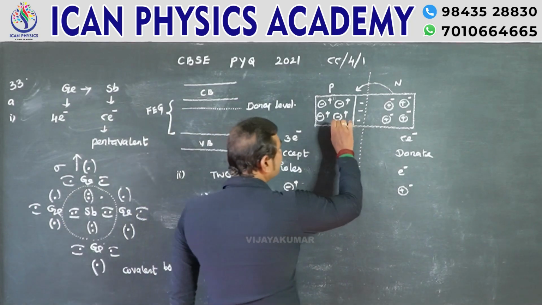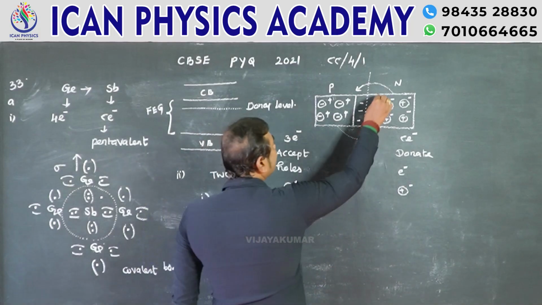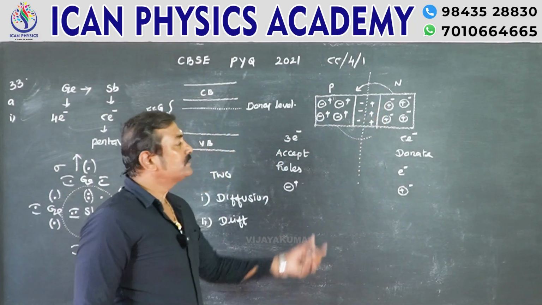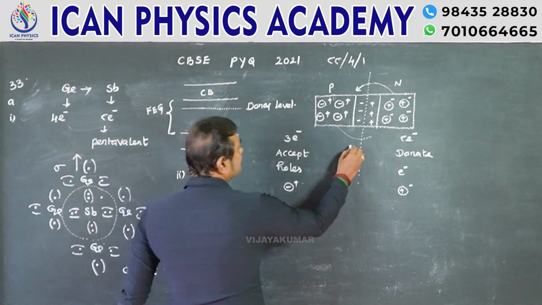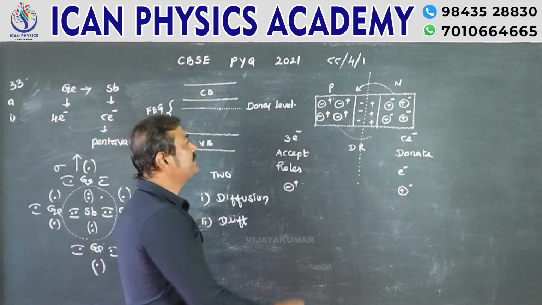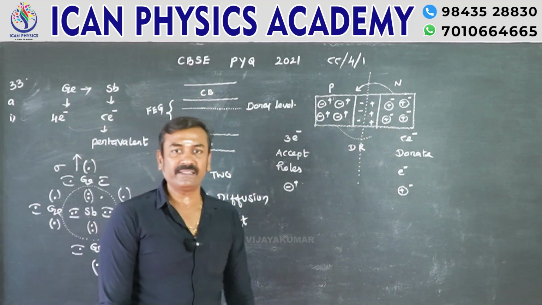The holes from the P region cross the junction, enter into the N region, and form a region with positive ions. The region which consists of immobile ions is called the depletion region. So this is the formation of the PN junction by the diffusion method.